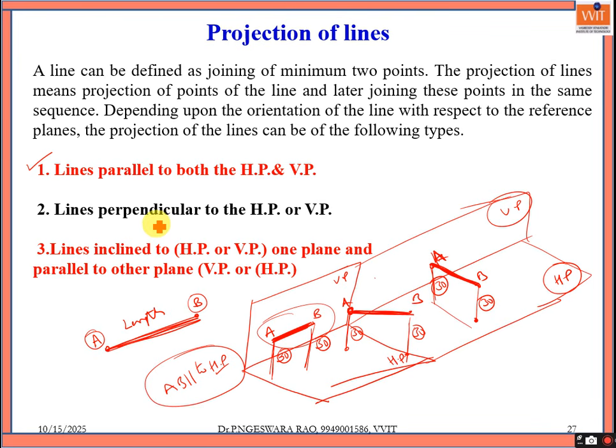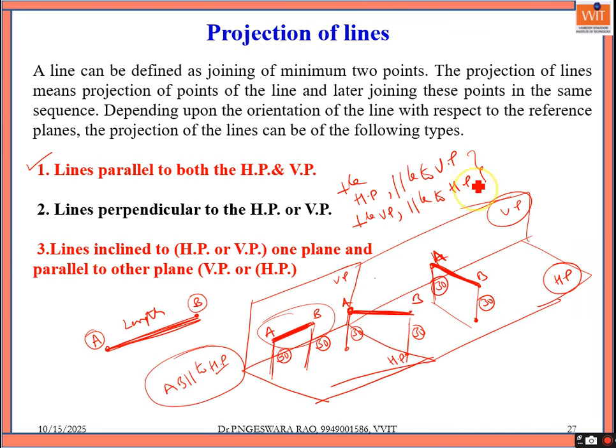The second possibility is that the line is perpendicular to HP. If it is perpendicular to HP, it will be parallel to the VP. Similarly, if it is perpendicular to VP, it is parallel to the HP.